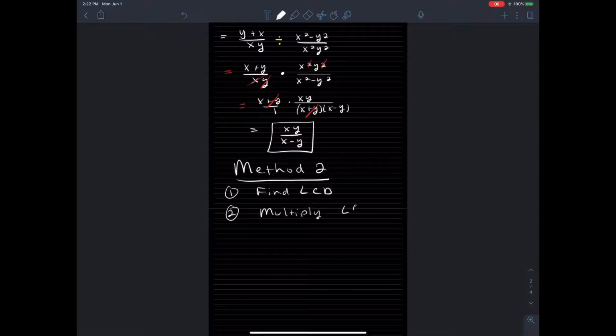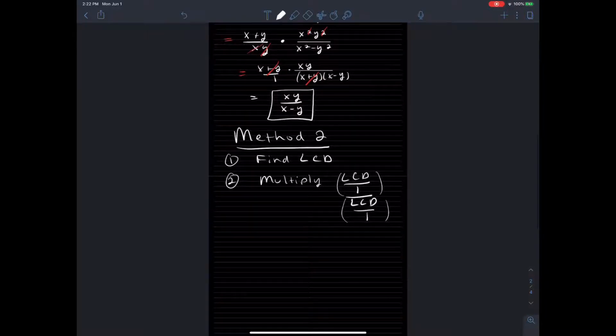So it'll be the LCD over the LCD. But if you want, you can do LCD over 1, because it is a complex fraction. And then what we'll do is distribute this to the top, distribute the bottom one to the bottom, and that should clear all of our fractions. So then we will distribute and simplify as necessary.